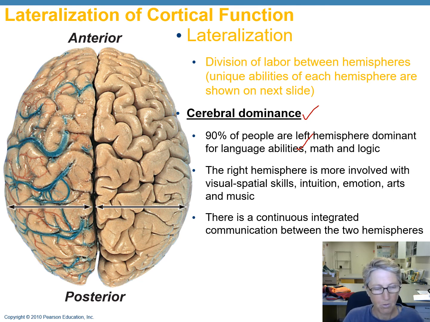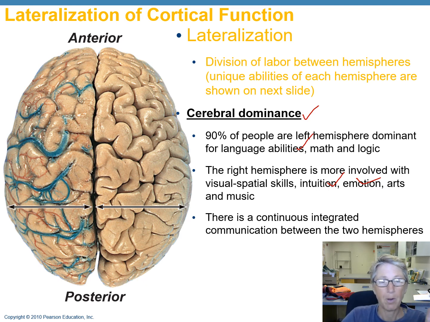People have heard of either your left or right brain, but it's really not accurate to think of it that way. 90% of the people are left hemisphere dominant for math and logic, not that if you're left brain, you are really good at math and logic. That's not the way to think about it. The right hemisphere in everyone, or 90% of the people anyway, is more involved with intuition, emotion, arts, and music.